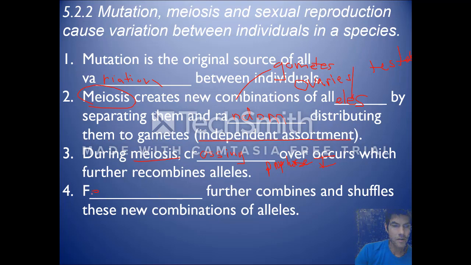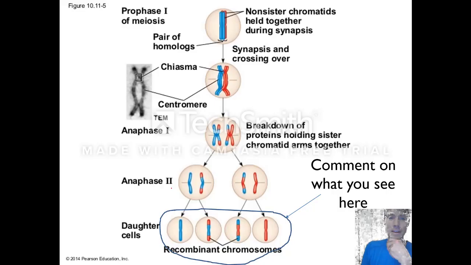And then fertilization adds even more. You take this one egg that's had so many different combinations occur through meiosis, and you throw it in with another cell, a sperm, that's had countless more different combinations, and it creates a whole lot of new combinations.